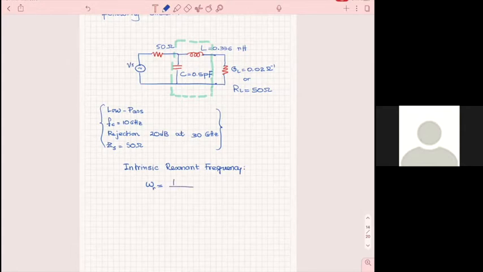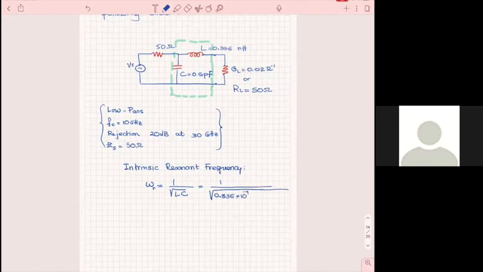It's 1 over the square root of LC. Let's see how much this is. This is 1 over the square root of, how much is L? 0.336 times 10 to the minus 9.